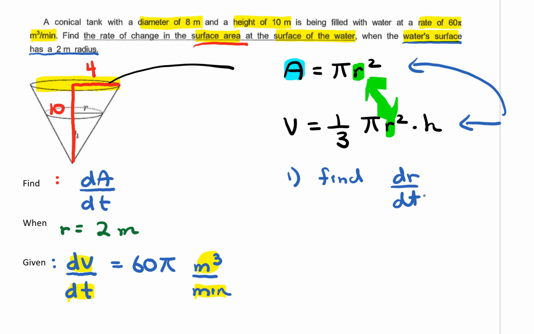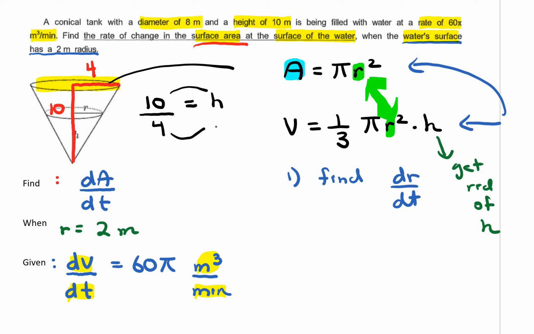In order to do that, I need to get rid of this h variable here, right? So in order to do that, we need to use the similar triangles property. If I go back to my inverted cone here, I know that the height is 10, and I know that the radius is 4. And if I just create a ratio like I did in my previous problem, I can match the 10 with the height, and I can match the radius with 4.